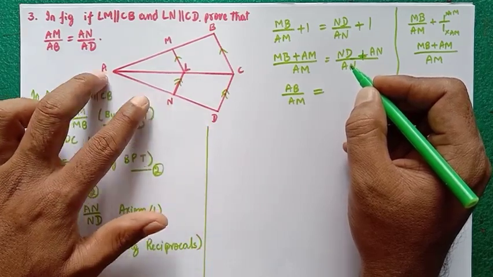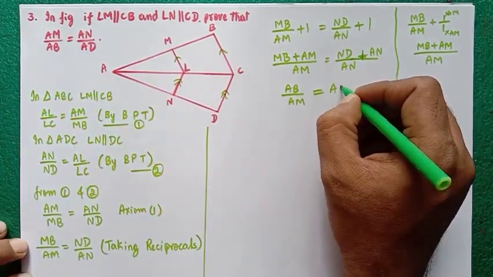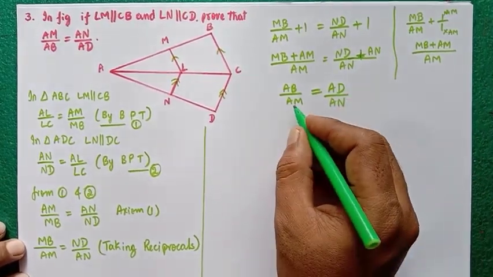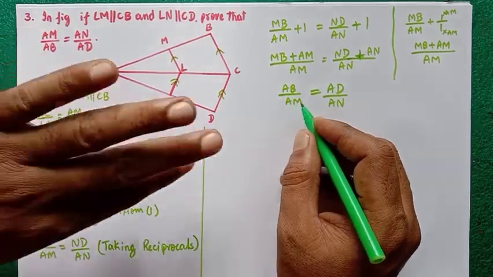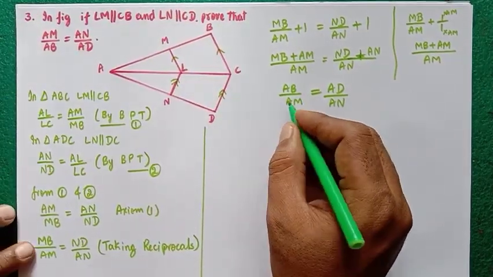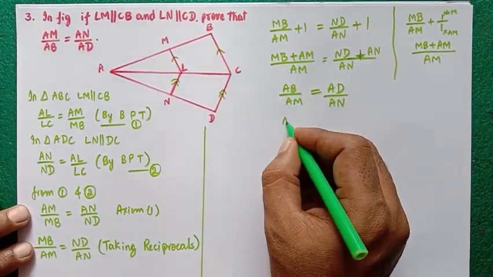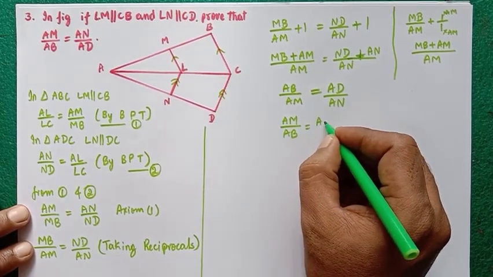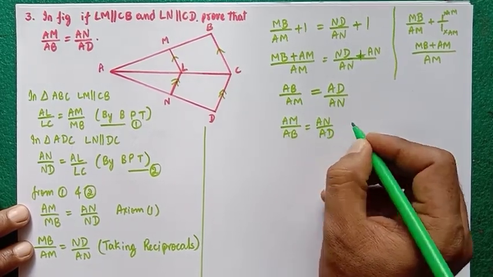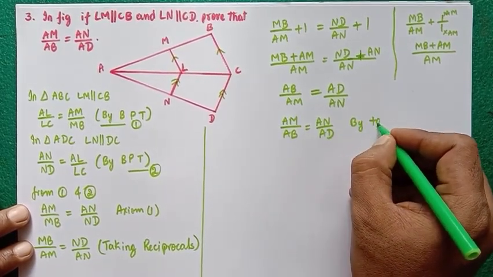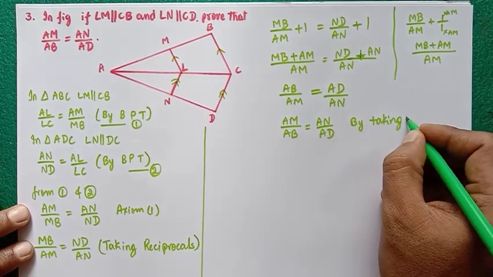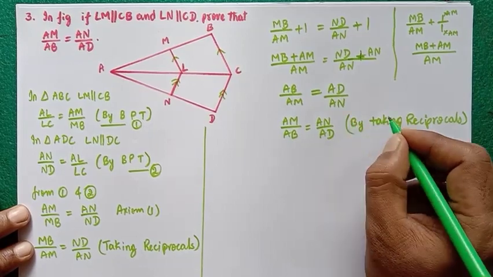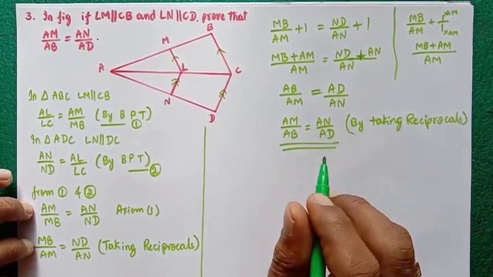ND plus AN is nothing but AD, so AD by AN. What we want is the reciprocal. So let me write the reciprocal of this equation: AM by AB is equal to AN by AD, by taking reciprocals. What has to be proved has been proved.